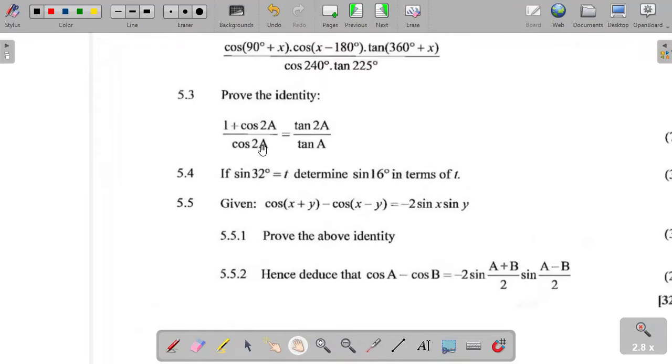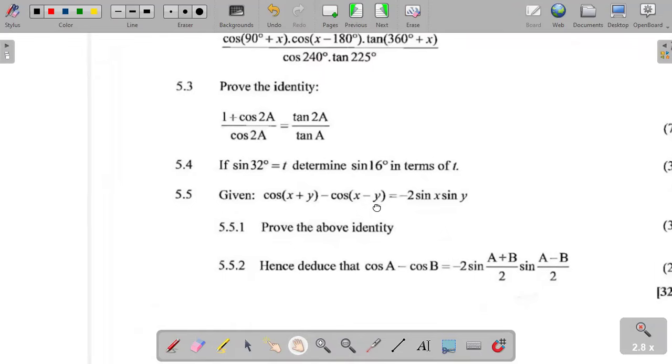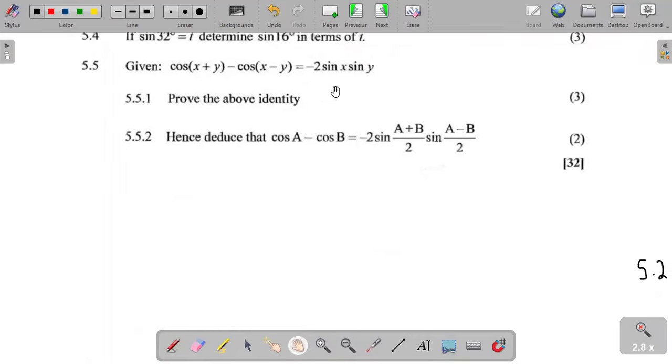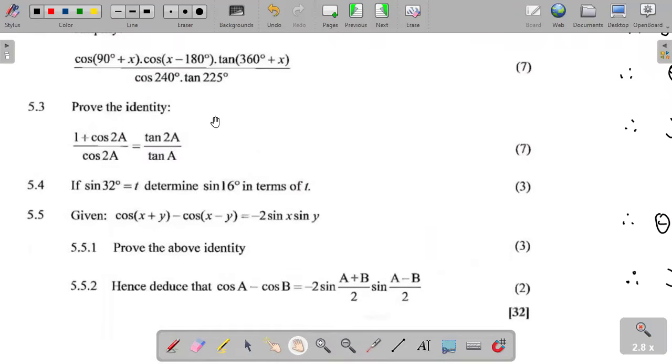Prove the identity (1 plus cos 2a) divided by cos 2a equals tan 2a over tan a.